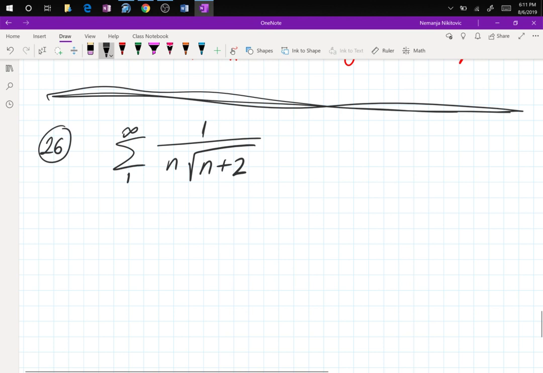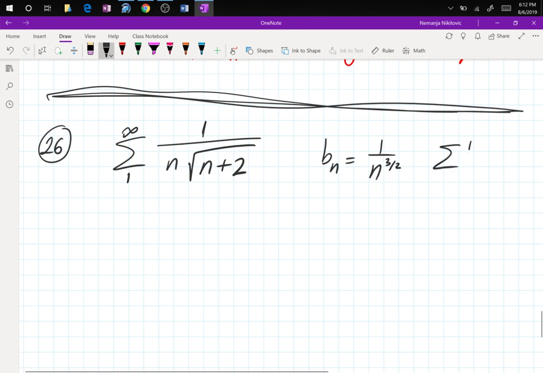Let's take a look. So as we said, when you eliminate the noise, what you have there is n times n to the 1/2. So 1 plus 1/2 is 3/2. So we will be comparing this to Bn, 1 over n to the 3/2.